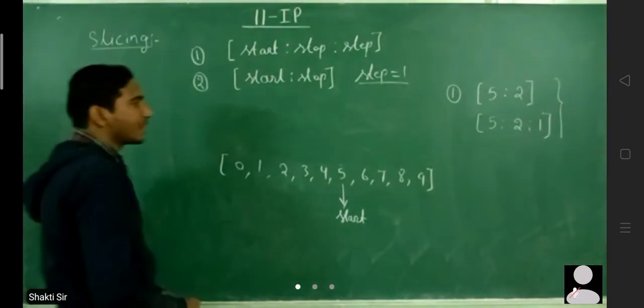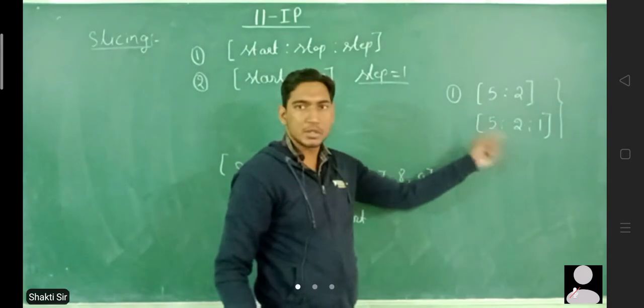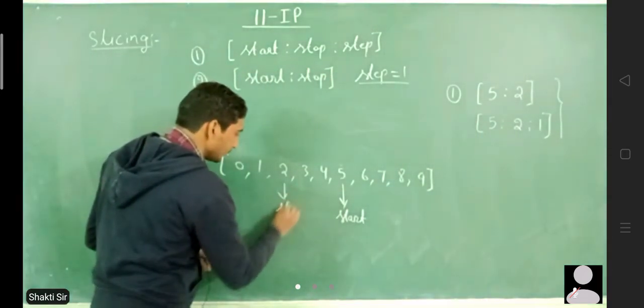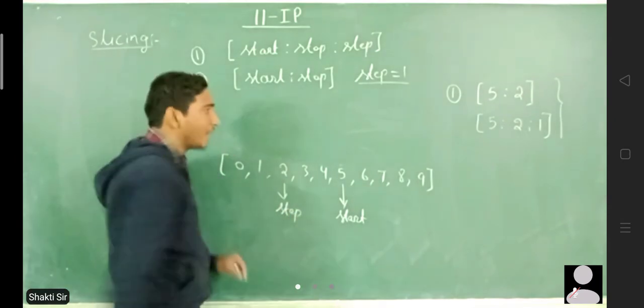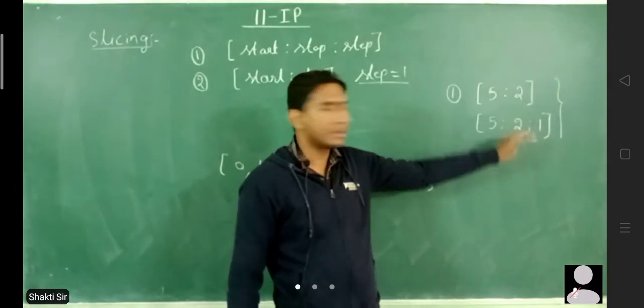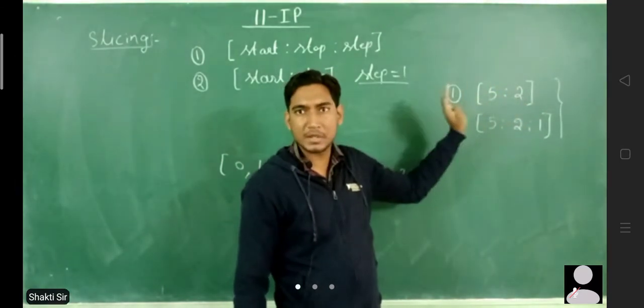Now let us see what the answer will be in that case. This is my start and the stop value is index 2, so this is my stop. The step value is 1, because we have not passed the step value, which means step is 1.